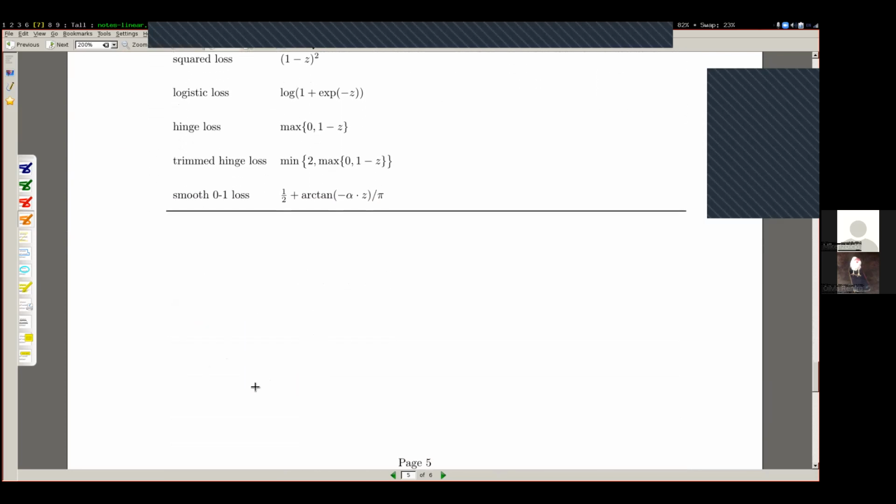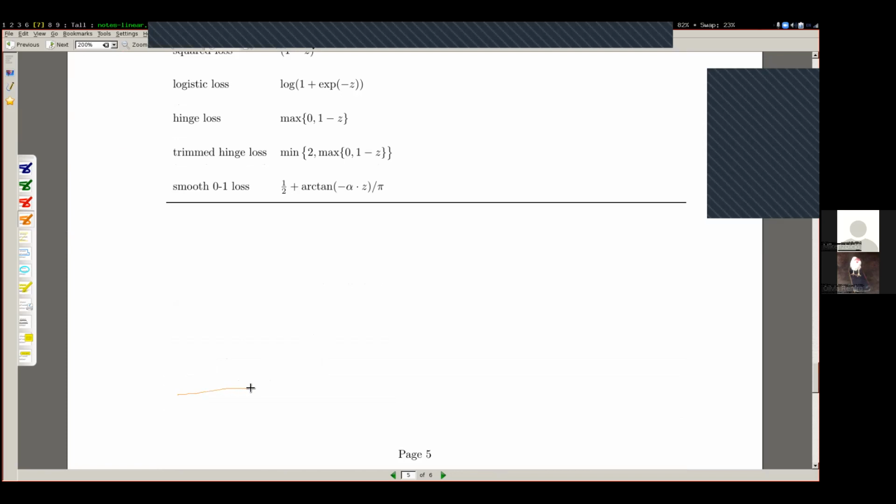So down here, when I graph it, the x-axis is going to be z. We'll have some spot in the middle like this. That's the 0 point on the z-axis.